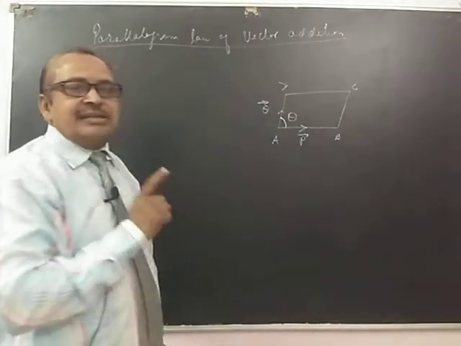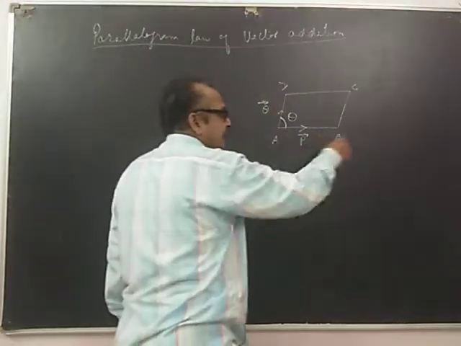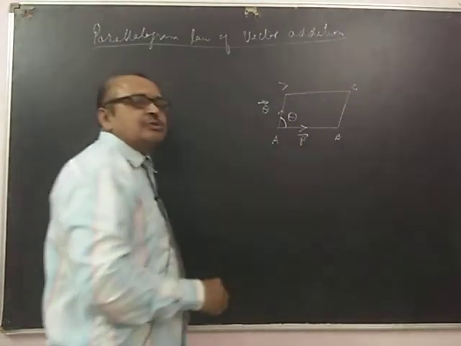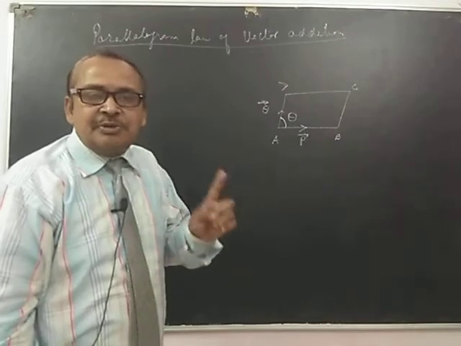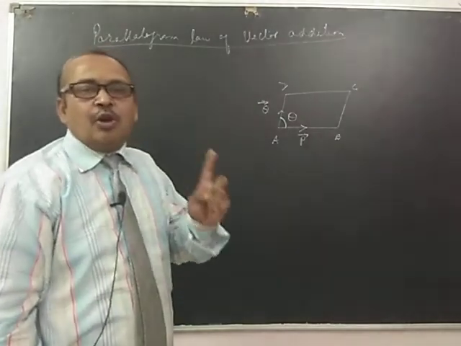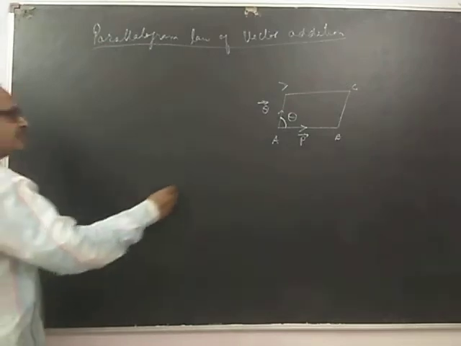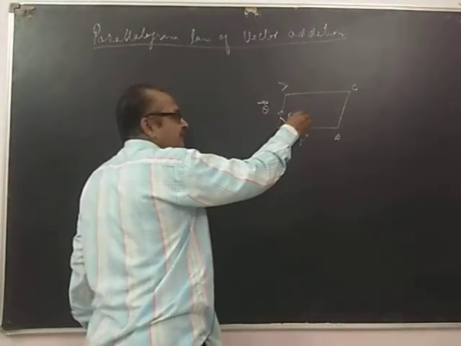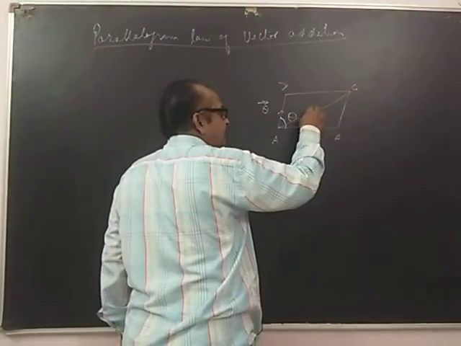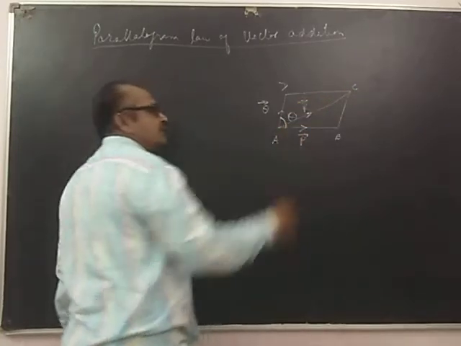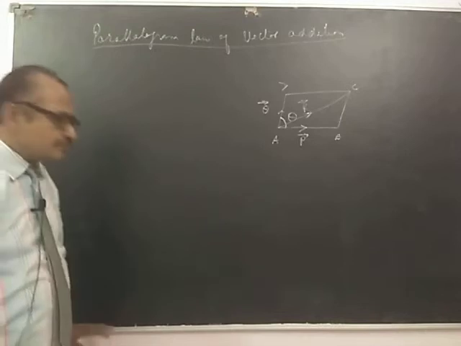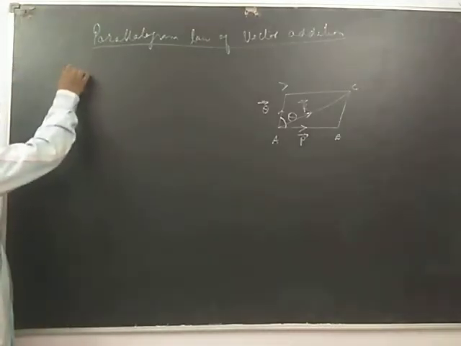This is called the statement of the parallelogram law of vector addition. It means the resultant will be this line, which is AC. Any doubt? So let us write the statement first.